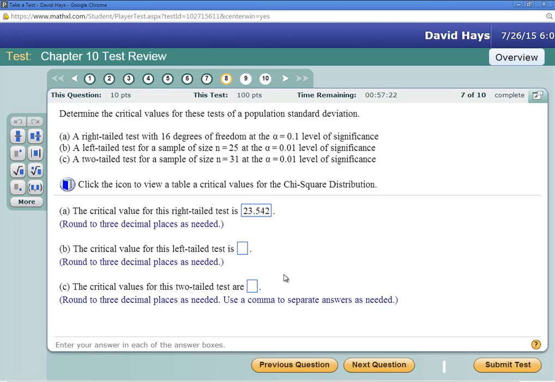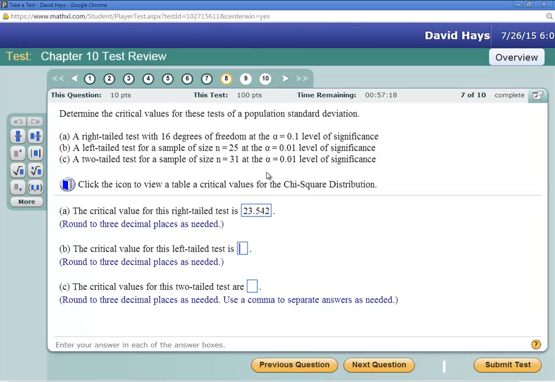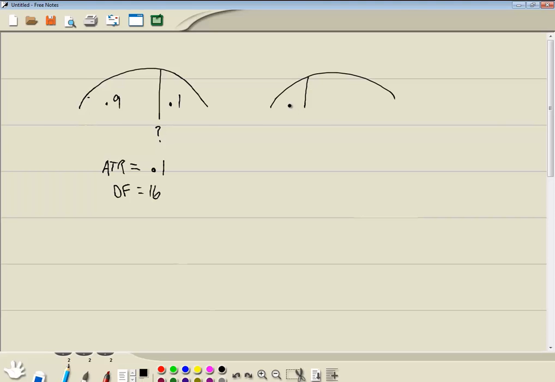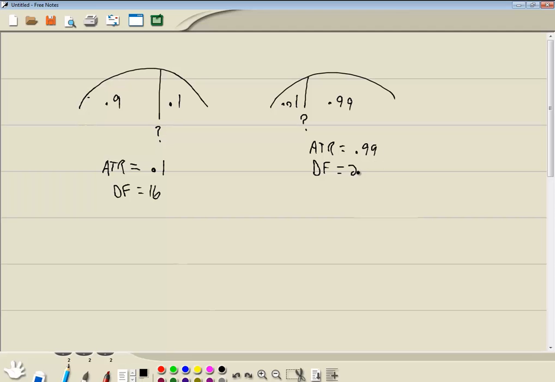Okay, left tail, part B, left tail test. Alpha is 0.01. If that's 1%, this has to be 99% here. We're trying to find this value, so the area to the right is going to be 0.99. And our degree of freedom, N is 25, so degree of freedom is 24.